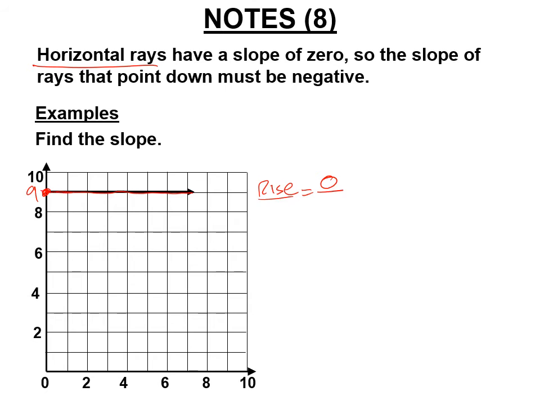Because it stays at 9 the whole time, right? If it was, say, that, it would be rising 1, but it's not. Okay, the rise is 0. It doesn't matter what you put for the run. You could put 7, but you could also put 1. You could also put 10. It doesn't matter. The slope of every horizontal ray, and you have to memorize that that's what horizontal looks like, every horizontal ray is 0.